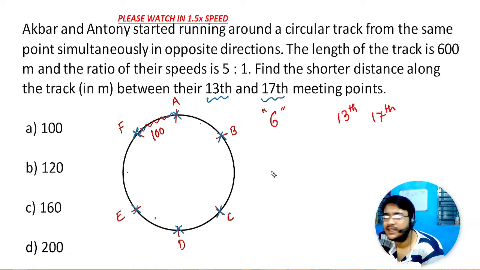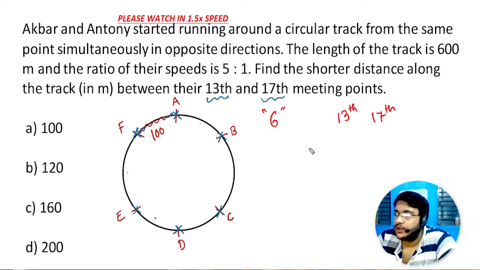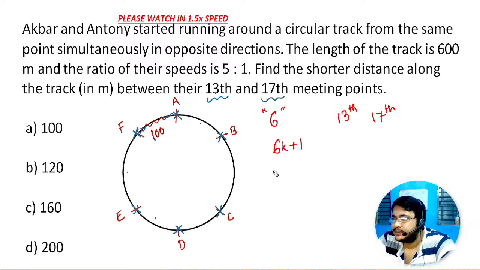The only common link between 13, 17 and 6 is that these are of the form 6k plus 1. Ignoring the first meeting point, the first meeting point will always be of the form 6n.